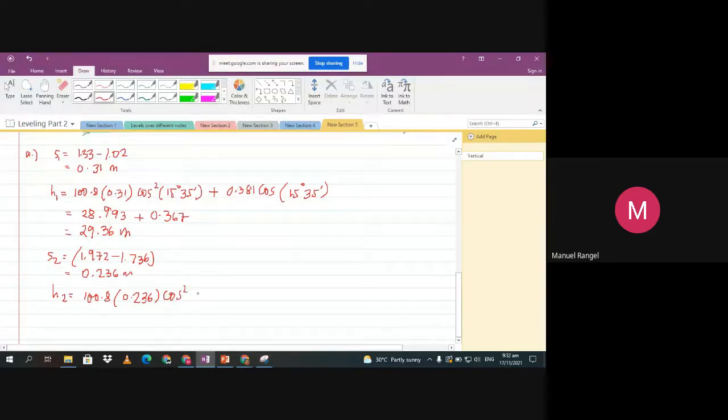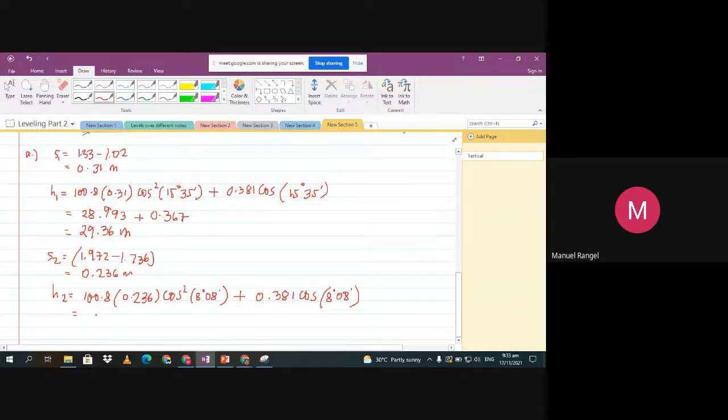The angle is negative 8 degrees 08 minutes plus C constant of 0.381 cosine of 8 degrees 08 minutes. So no need to include the sign.